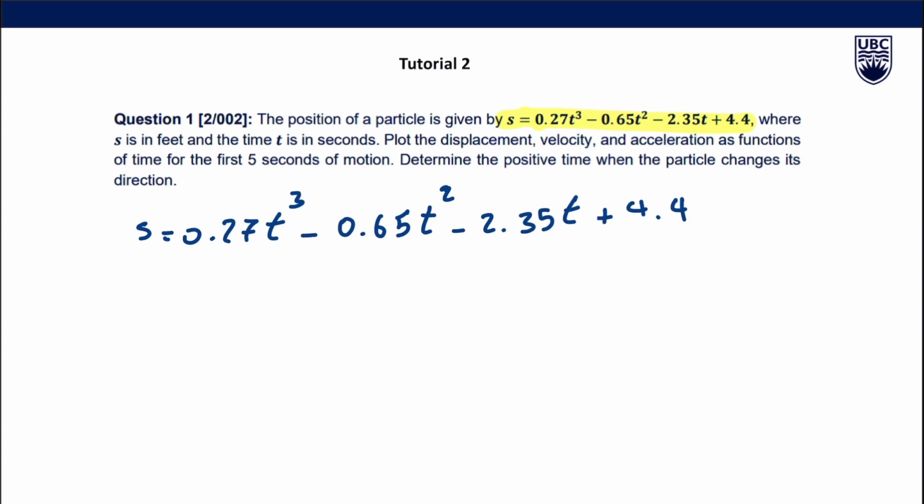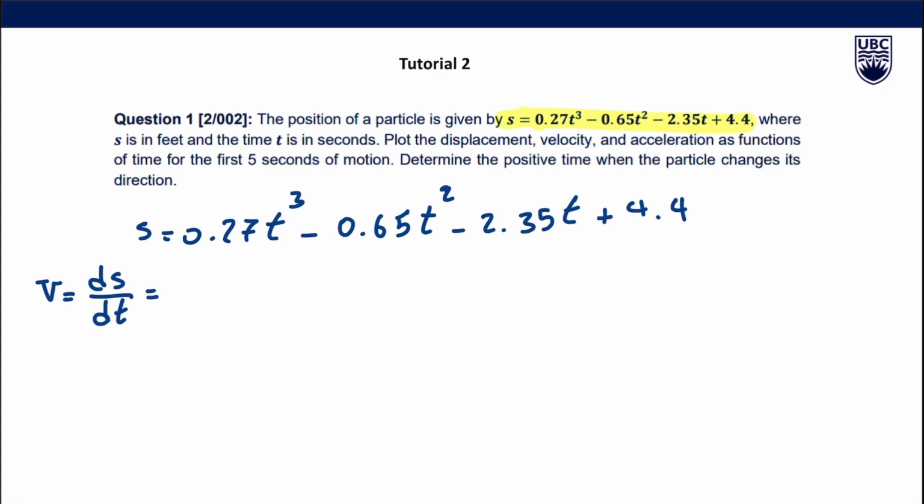According to what I mentioned before, we can find velocity by differentiating this equation. So v, or velocity, equals ds, the derivative of displacement with respect to time, so ds over dt.